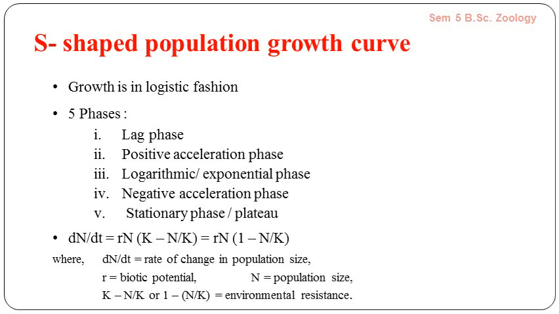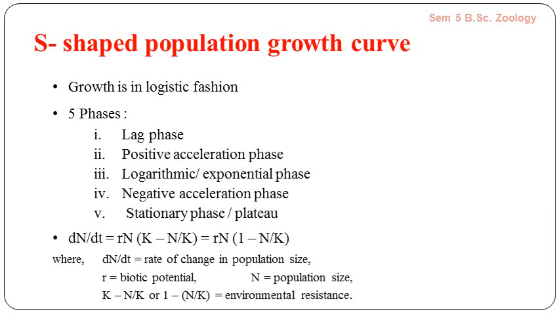As the population increases along the exponential phase, environmental resistance increases, and this brings about the slow rise in the population size. So during the negative acceleration phase, there is a slow rise in the population as the environmental resistance increases.